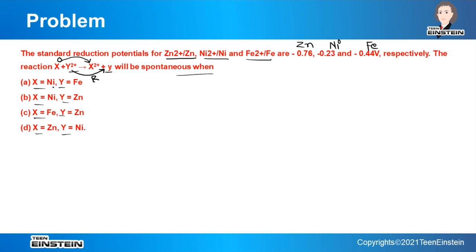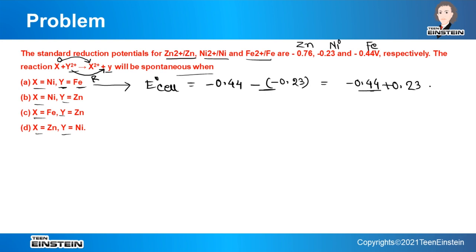Okay, so when X is nickel, it means that iron, Y, is reduced. That means when you calculate the E naught cell, first you take the value of iron, minus 0.44, and then the value of the other system, which is nickel. This minus will be positive, but ultimately this is negative because this value is high. So as it is negative, this is not possible.